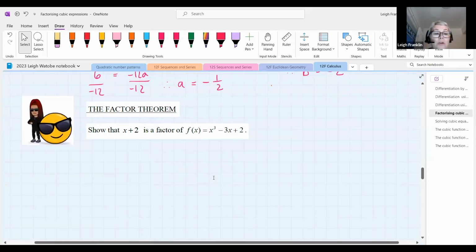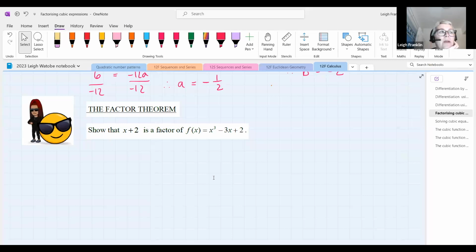Okay. So when a number is a factor of another number, what is the remainder? When a number is a factor of another number and we divide that number into the other number, what is our remainder going to be? Exactly. Okay, so our remainder is now equal to 0.